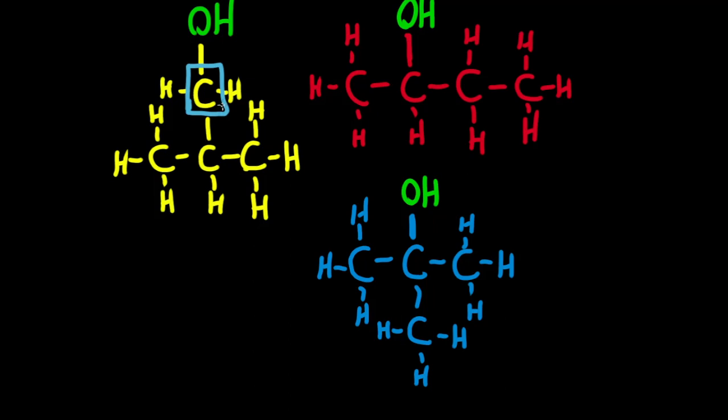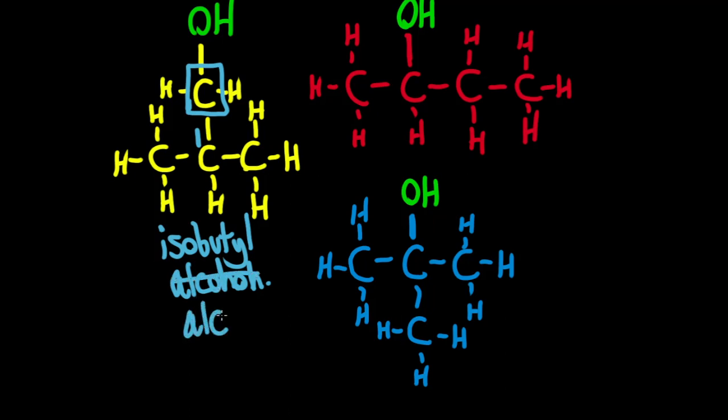If that carbon is attached to only one carbon, which indeed it is, that is the only carbon that is attached to that initial carbon, we are going to call it isobutyl. This radical is isobutyl. And because I have that OH there, this is going to be isobutyl alcohol, where my isobutyl is my radical. Oops, I was almost going to misspell alcohol. Alcohol. All right.